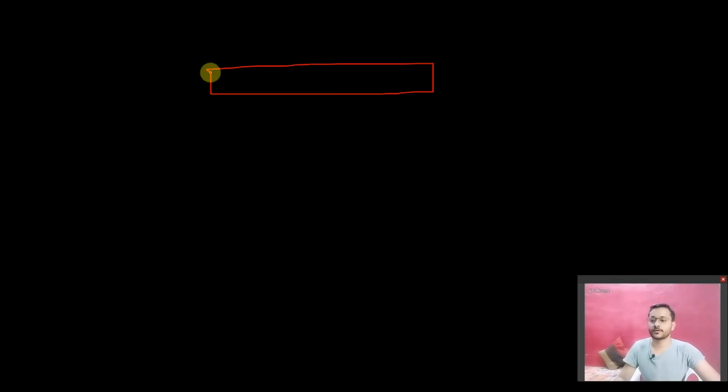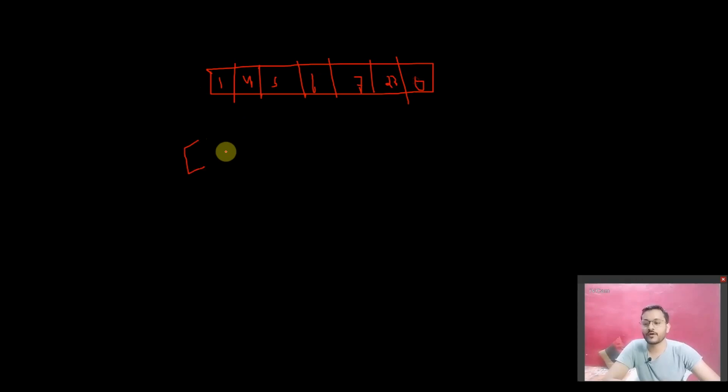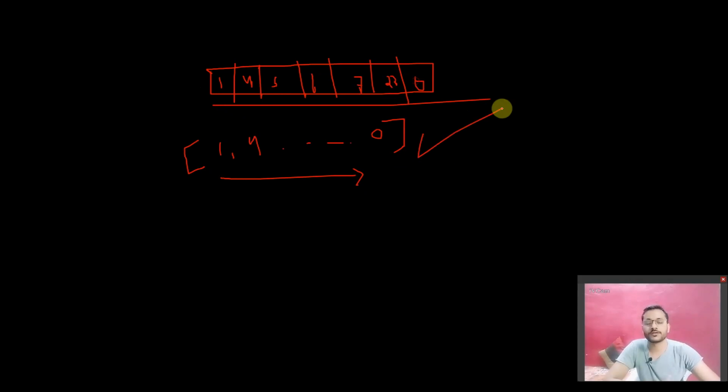If we have this ArrayList with these indexes, and you insert values by calling some method, like 1, 4, 5, 6, 7, 22 and 0, then when you print this ArrayList, it will print in the same order in which they were inserted. This is called insertion order preserved.